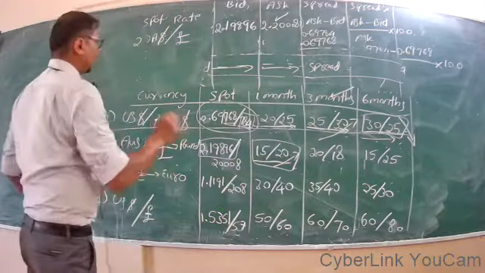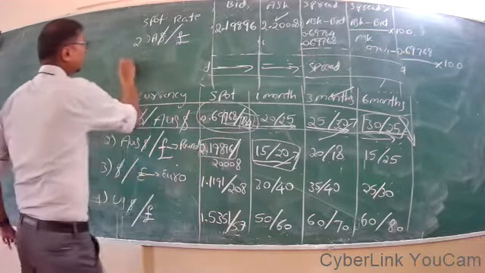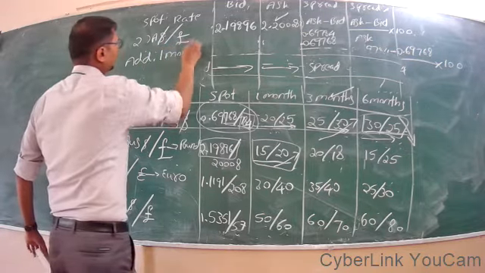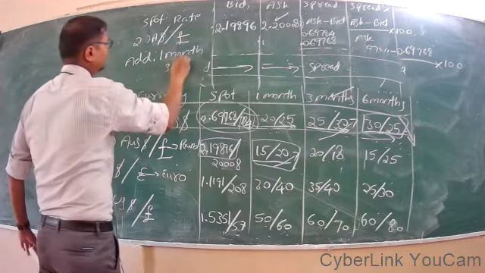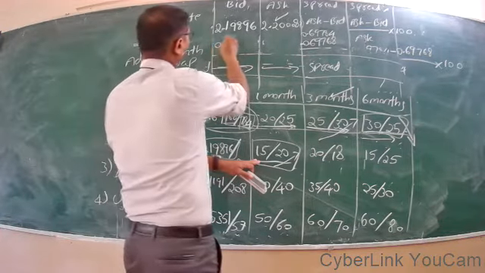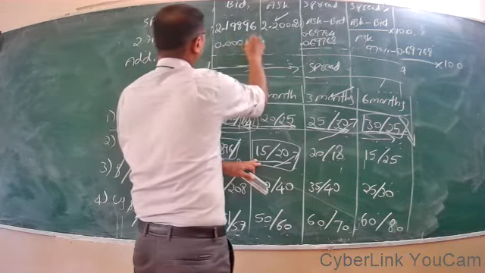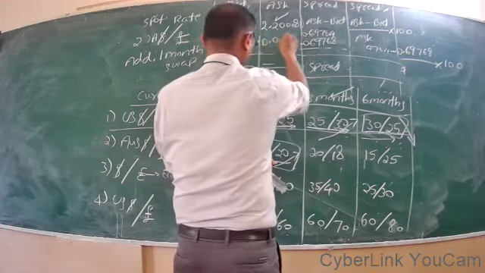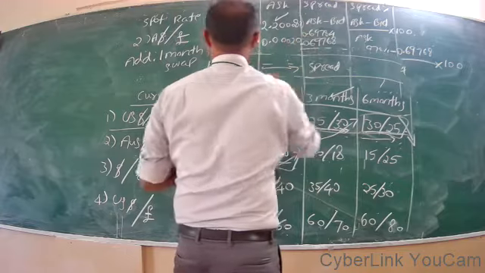So if it is in increasing order, you have to add the 1 month swap point, 0.00015 and 0.00020.